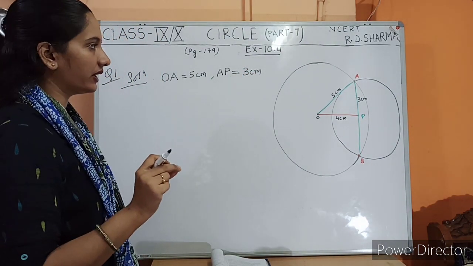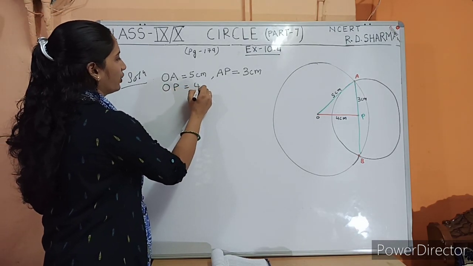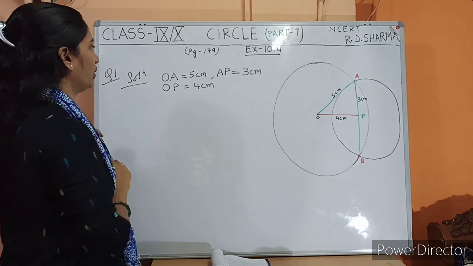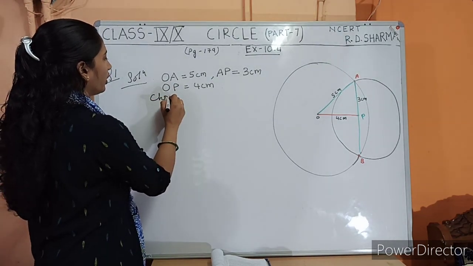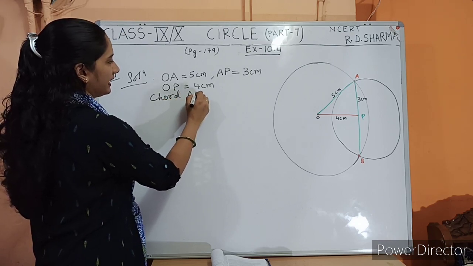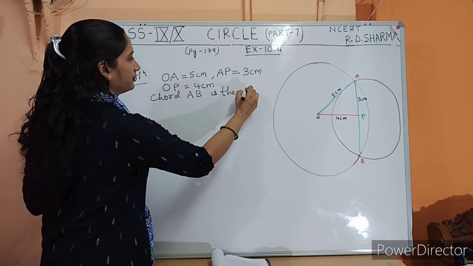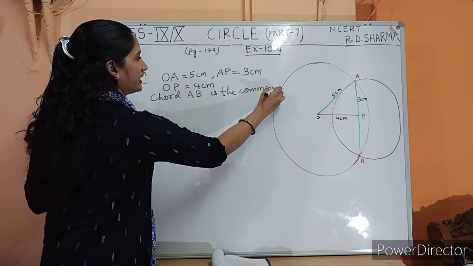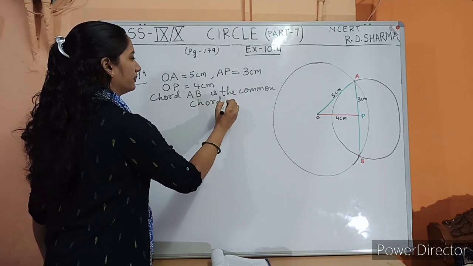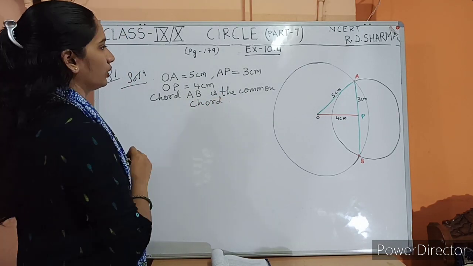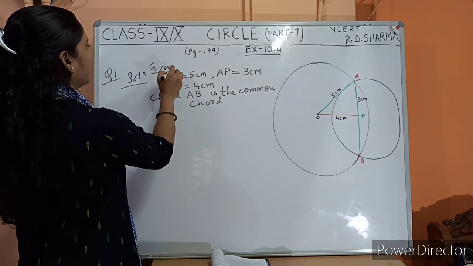And the distance between O and P is given here as 4 centimeter. One more thing is given, the common chord. Chord AB is the common chord of both the circles. So these things are given to us, so we can write these things in the given part itself.